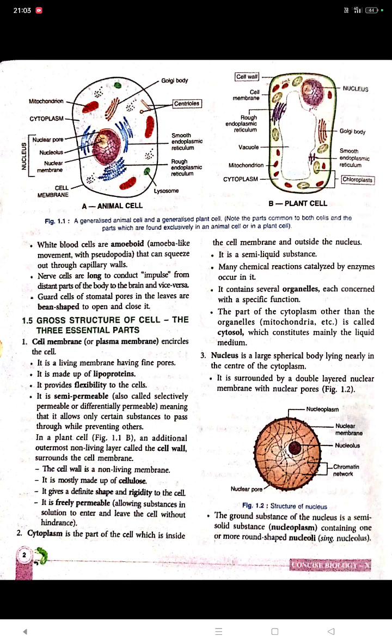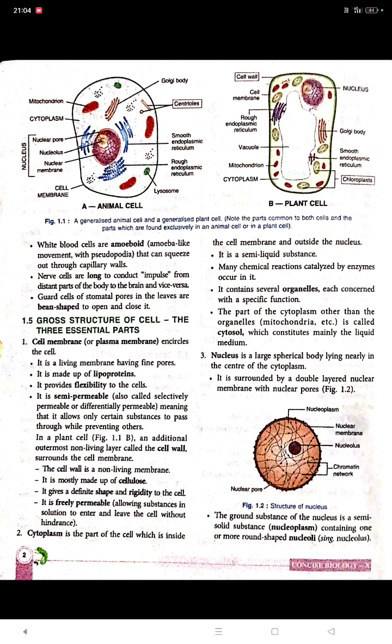Okay, then the nucleus. Nucleus is the heart of the cell. Nucleus is a large spherical body lying nearly in the center of the cytoplasm. Next, it is surrounded by a double layered nuclear membrane with nuclear pores, which means it is protected by two layers.